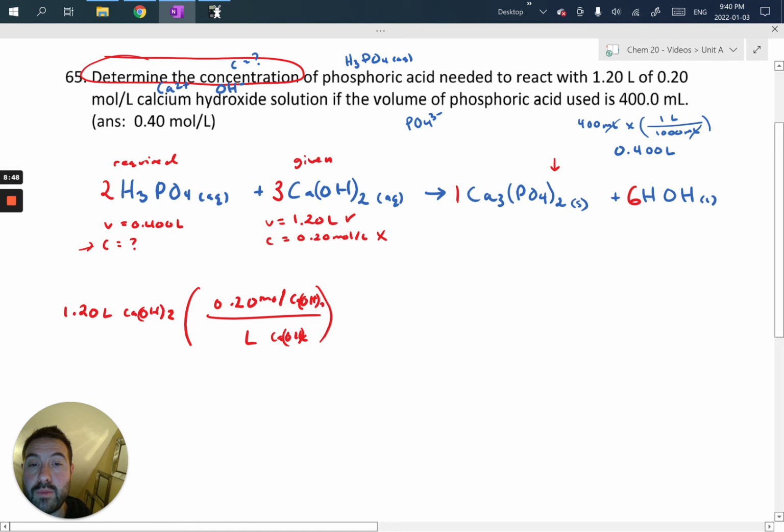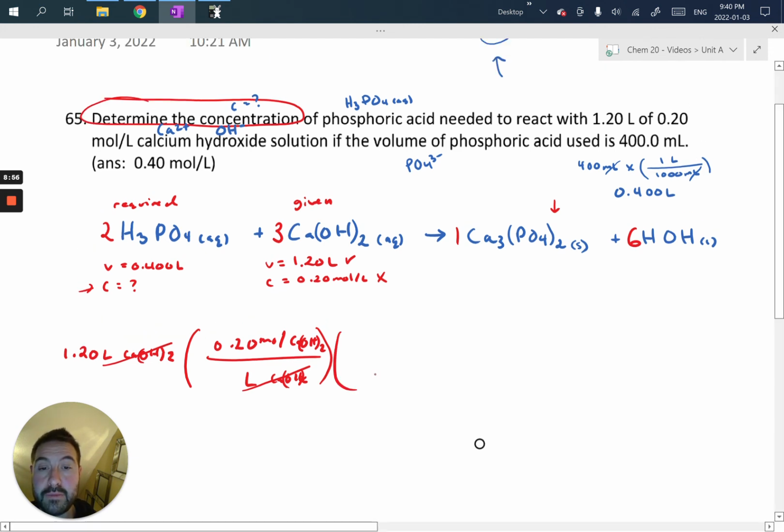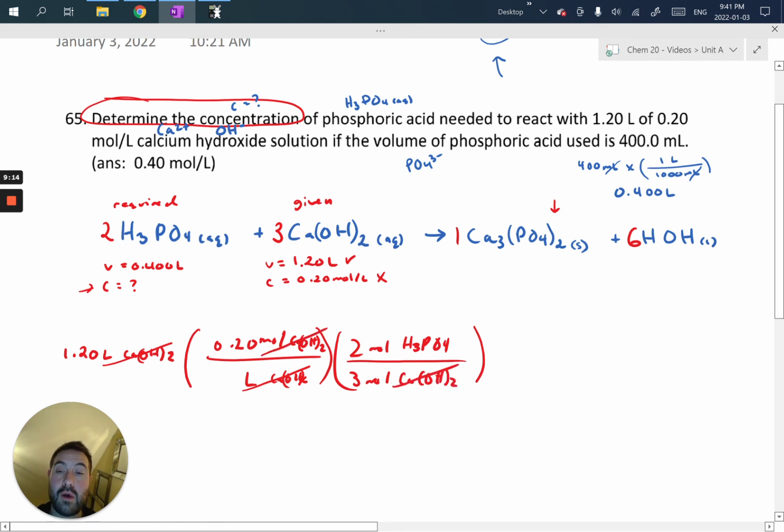Once you guys get good at this, you can kind of skip through that a little bit, but that's going to get me to my moles of my given. Now once I have my moles of my given, I have to apply the molar ratio to determine the moles of my required chemical. So my molar ratio here is 2 moles of H3PO4 for every 3 moles of CaOH2.